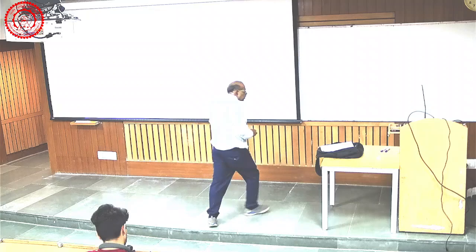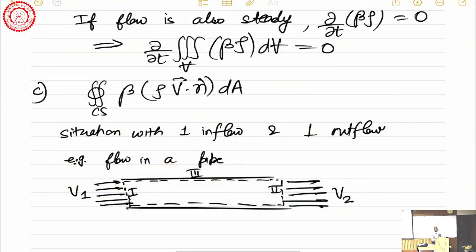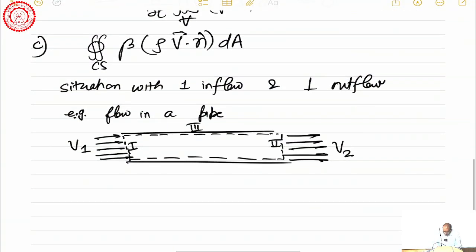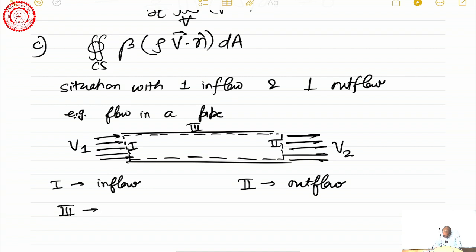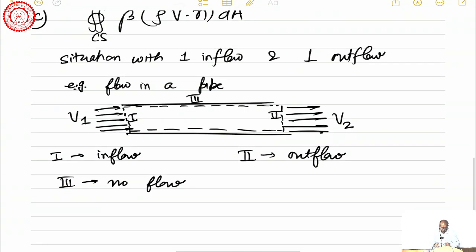Okay? So this is how you will be splitting up. Now what we realize is, 1 is inflow, 2 is outflow, and 3 is no flow.